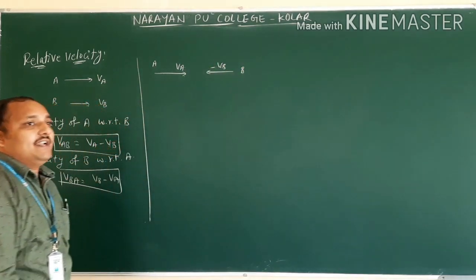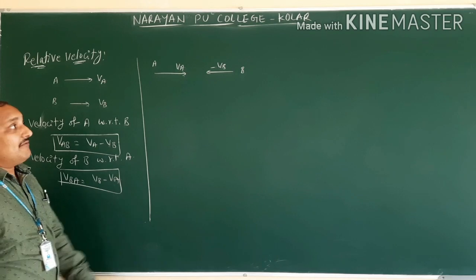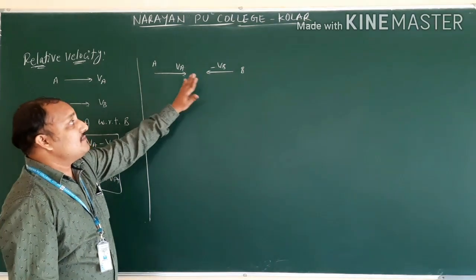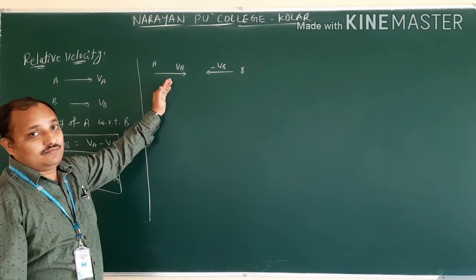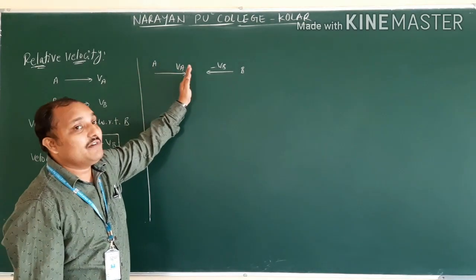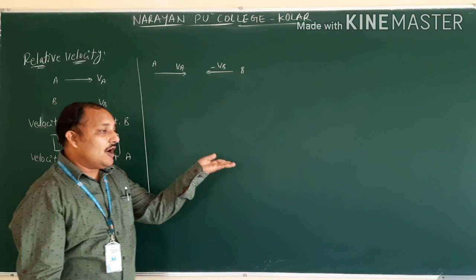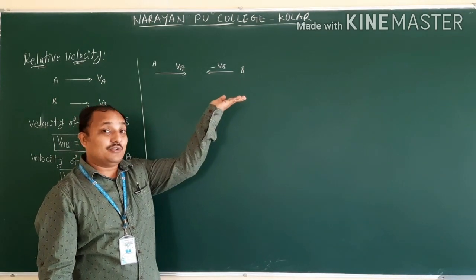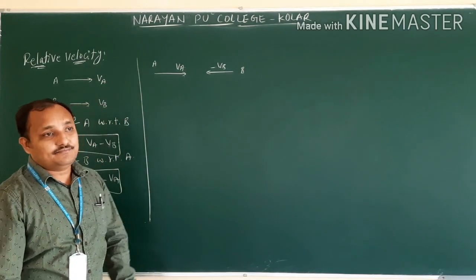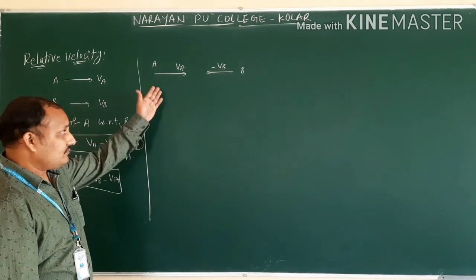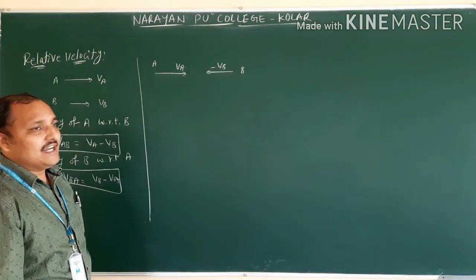Then we take this velocity as minus VB, because it is moving opposite to this one. Generally forward we take as positive, backward as negative, upward as positive, downward as negative. That is just our convenience.